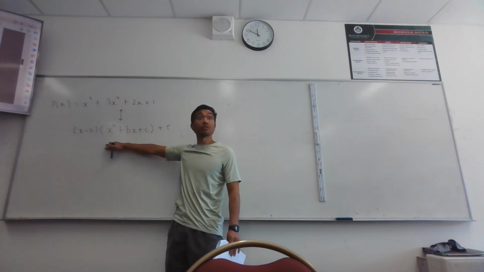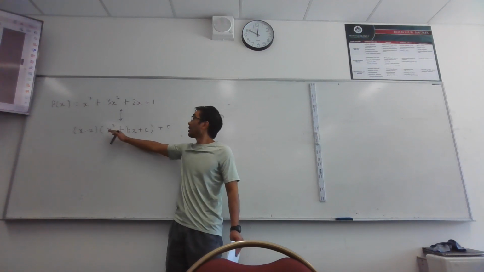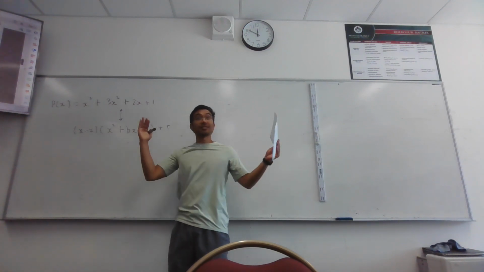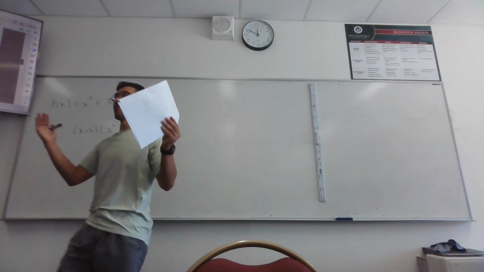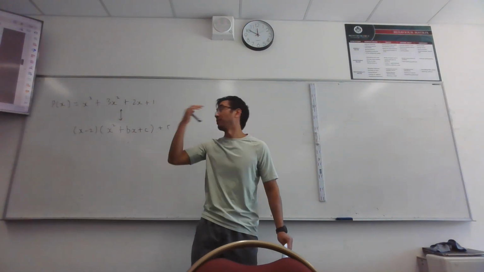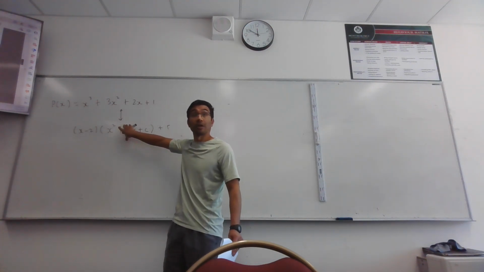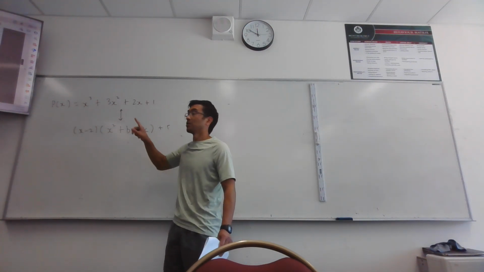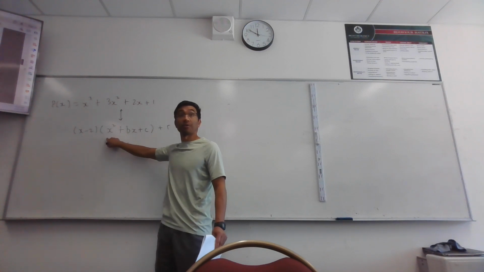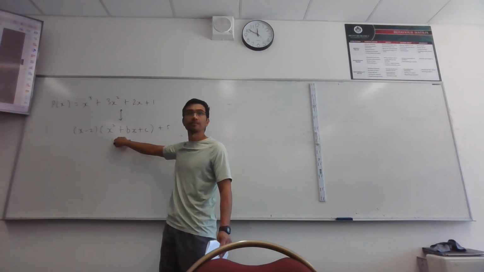What's down here? What do we have in this version of it? We have a couple of brackets. And once you start seeing brackets, you're thinking factor form, because that's a factor and that's a factor in a way. So we are going to get rid of these brackets first.